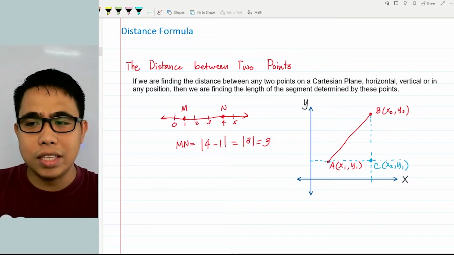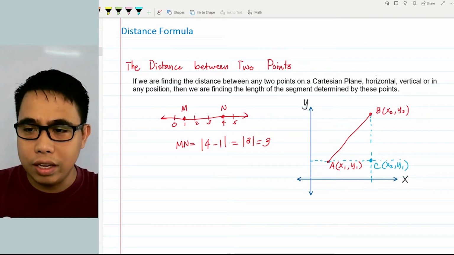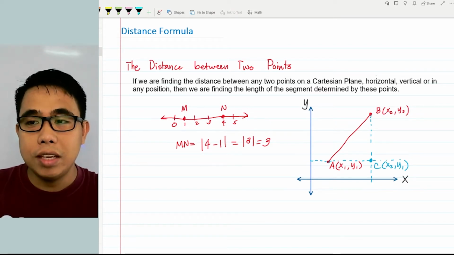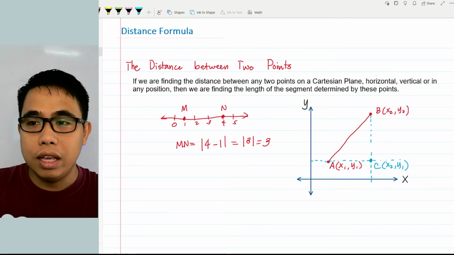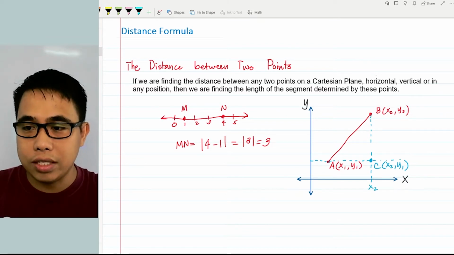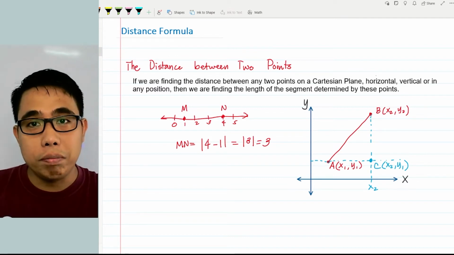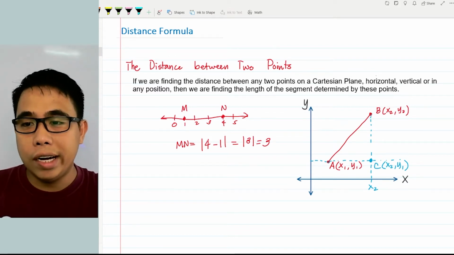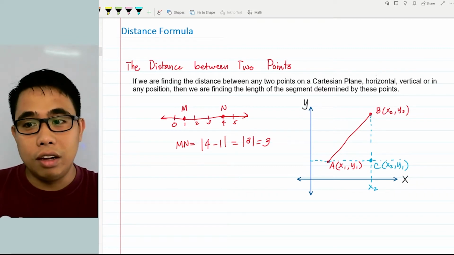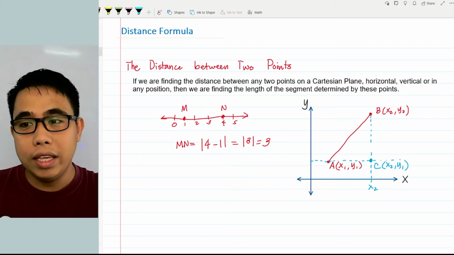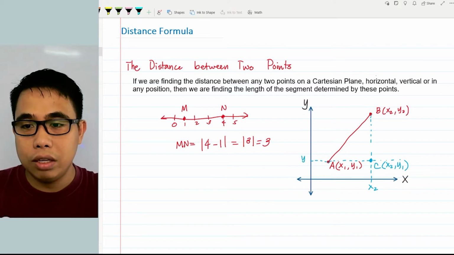Why is it that it is x sub 2, y sub 1? Since this is a vertical line, then the x coordinate of C and point B are the same, which is x sub 2. And since point A and point C are along this horizontal line, their y coordinates will be y sub 1.